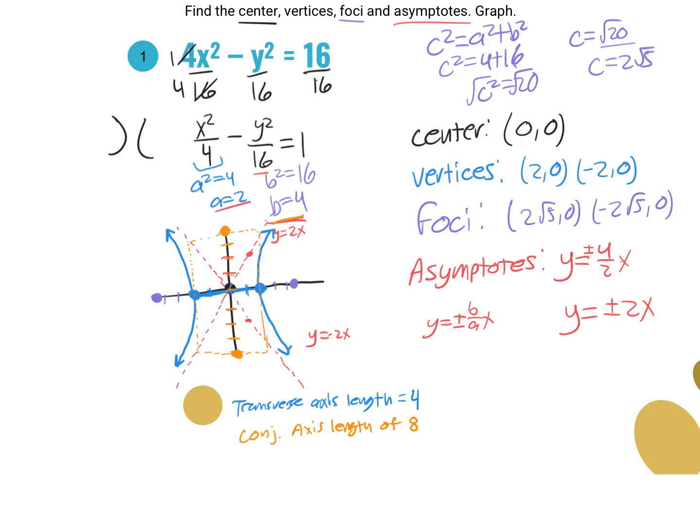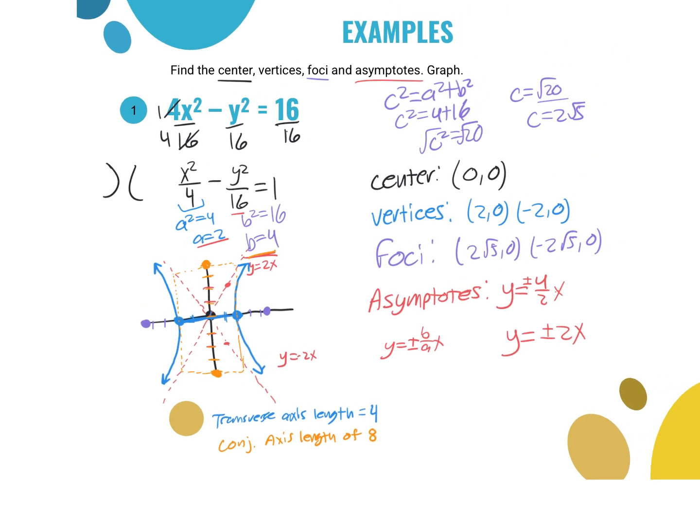That's what I was saying before: if you forget which one's which, whether it's b over a or a over b, you can also just draw a little box and then connect the corners, and then you still get your asymptotes. I'm not going to go that far into detail for the rest of these problems, but that's just so that you know what every single part of it represents, right?